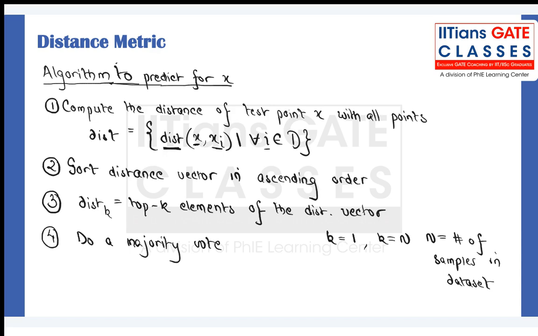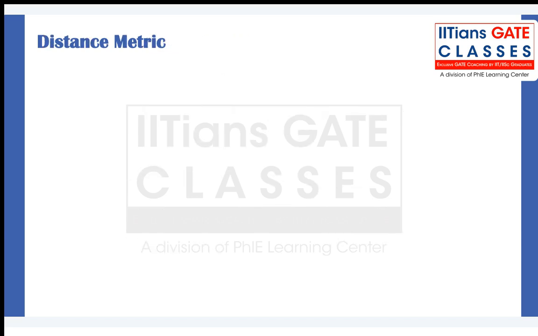Now when we say distance, I was very vaguely saying something called dist of x comma xi. If you are given 2 points, how can you calculate the distance between those 2 points? Do you know any algorithm to find the distance of 2 points? I think you must have read it in your school. Distance between 2 points.